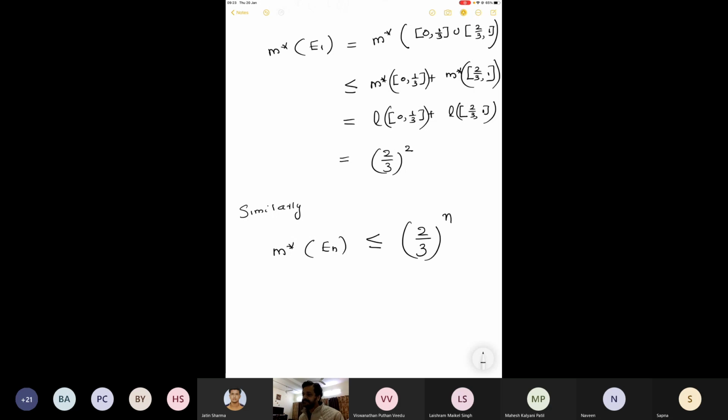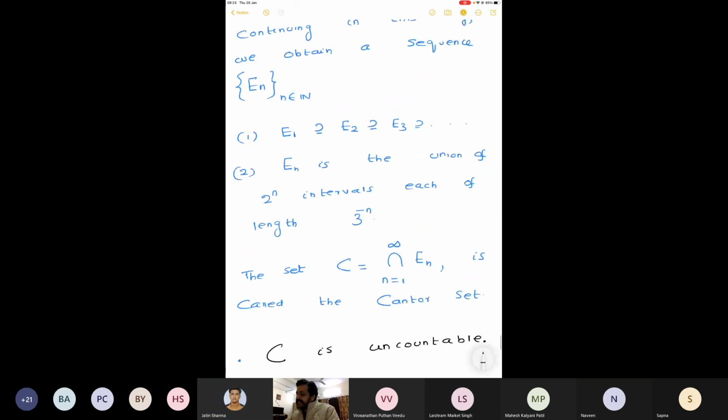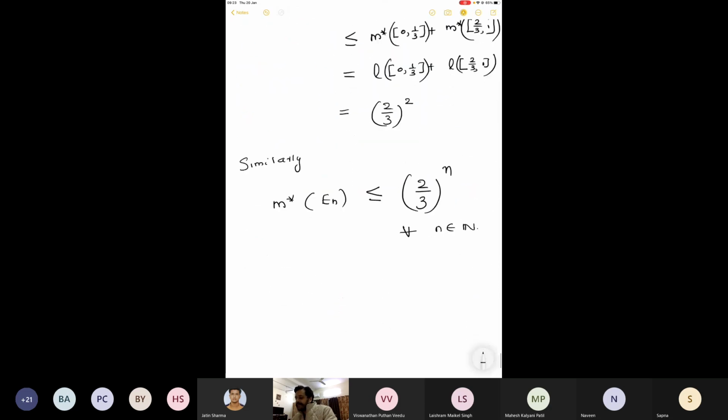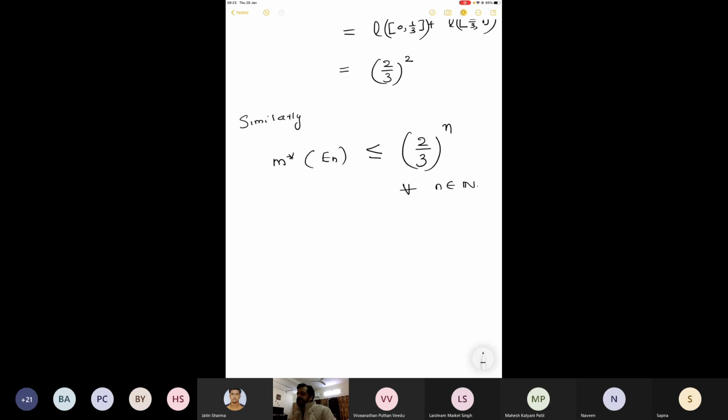Do you agree with this fact? Yes, sir, because it contains 2 power n intervals and each is of length 3 power minus n. So again apply subadditivity, and M star of En is this for all n.